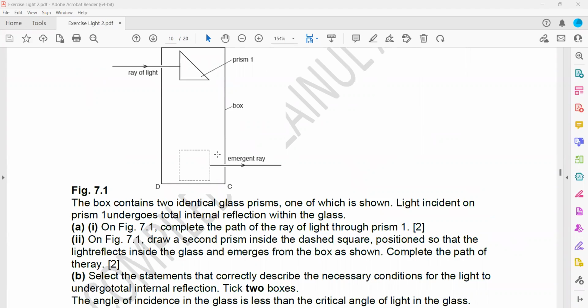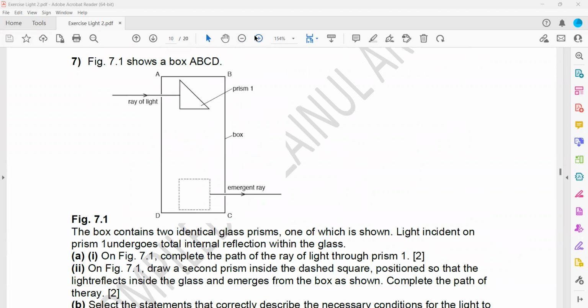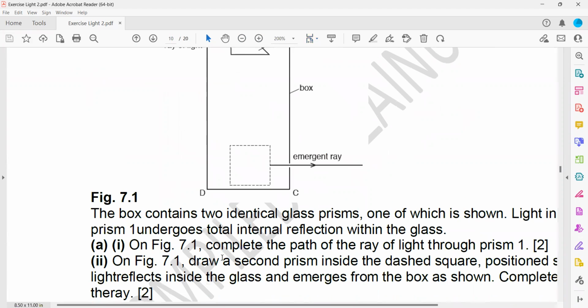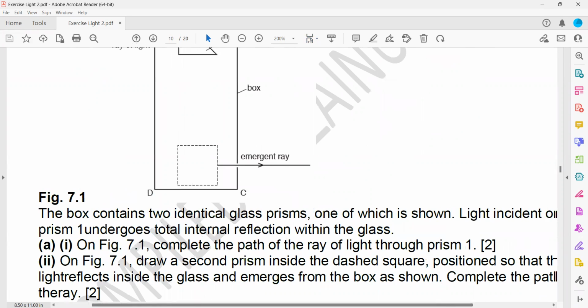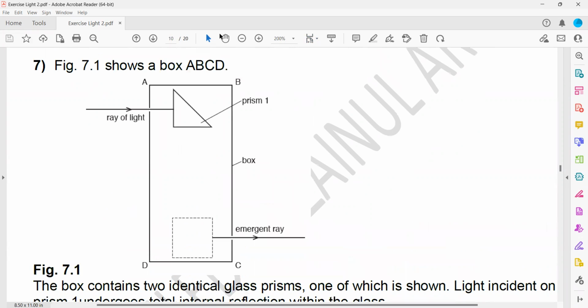Here you have to do this: the box contains two identical prisms. On a figure, complete the path of a light through a prism. Light undergoes total internal reflection. So the light will pass straight here because it is passing along the normal.